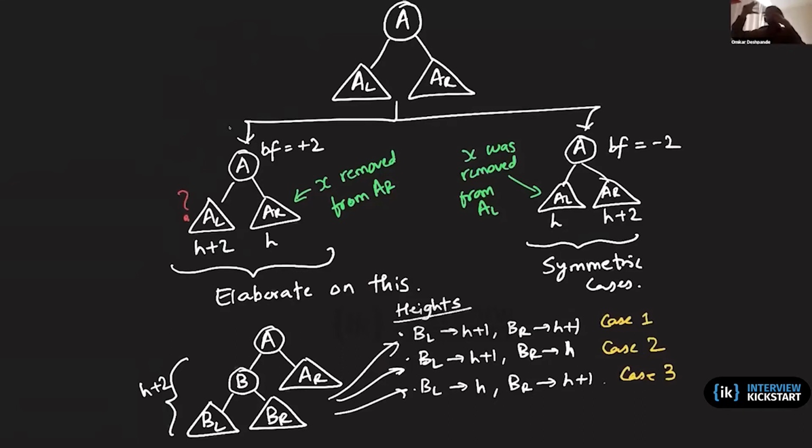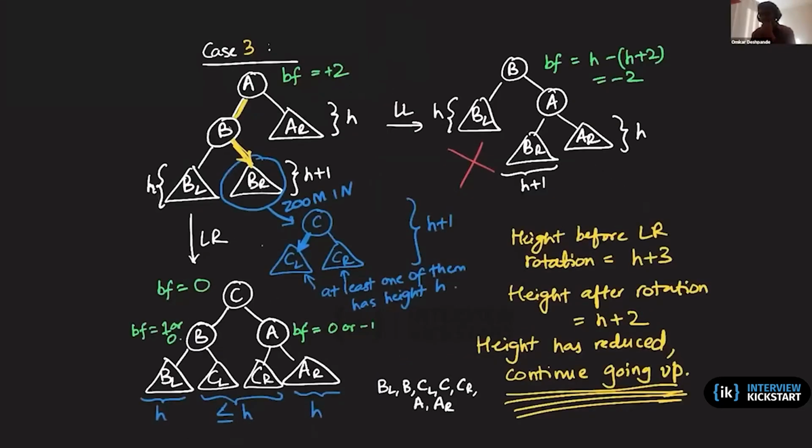And obviously, as we go further up, we are looking at bigger and bigger subtrees with bigger and bigger heights. So the value of h when we draw the diagram for an ancestor is going to be more than the value of h that we have here. Does that make sense?